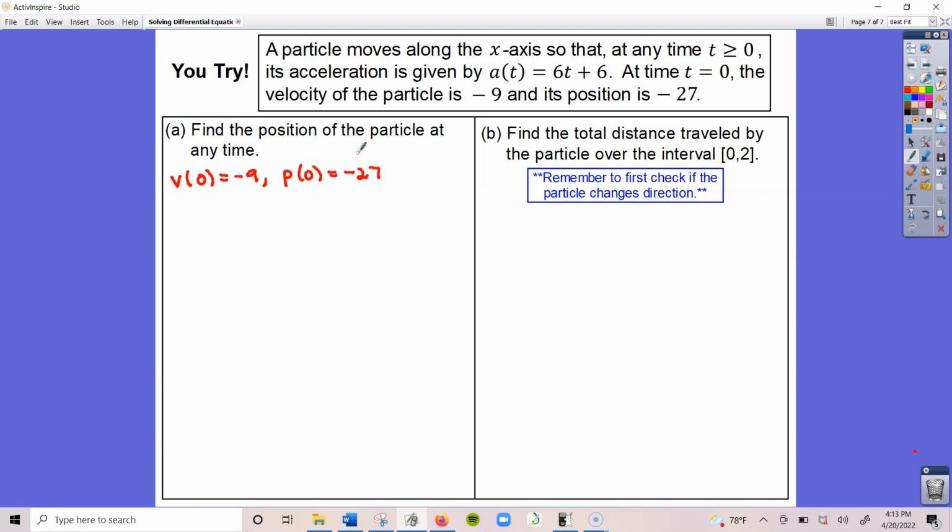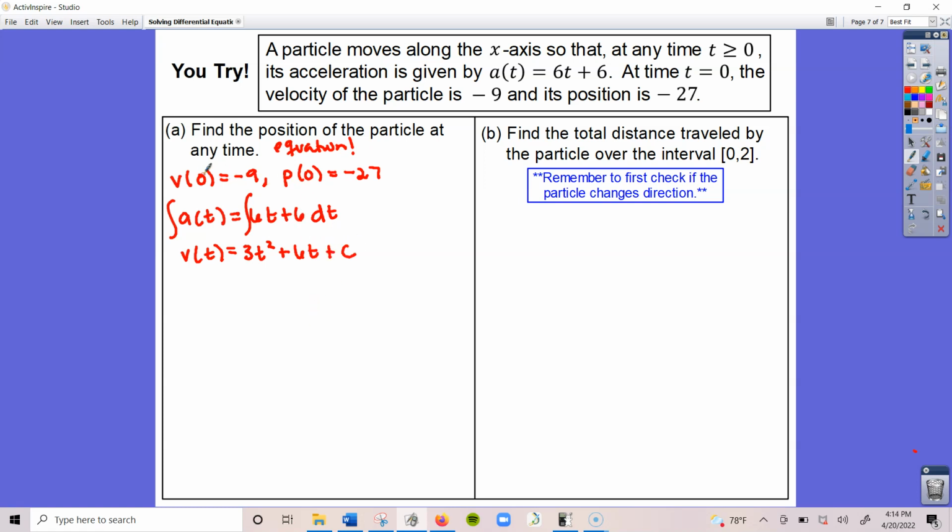So if I want to find the position of the particle at any time, that means that we are looking for the equation for p of t. So that means I have to take my acceleration function and integrate it twice. So I'm going to integrate this. The integral of a of t is v of t, and that's going to equal 6t squared over 2, which is 3t squared, plus 6t plus c.